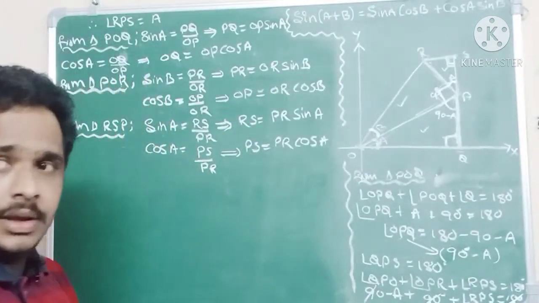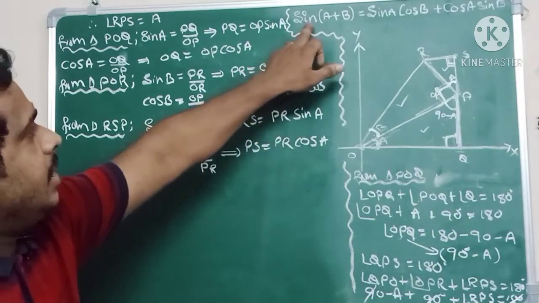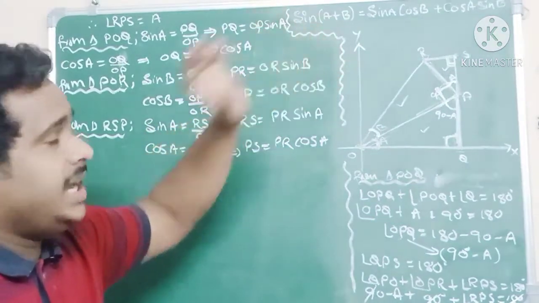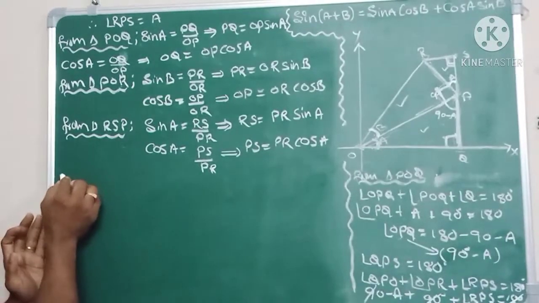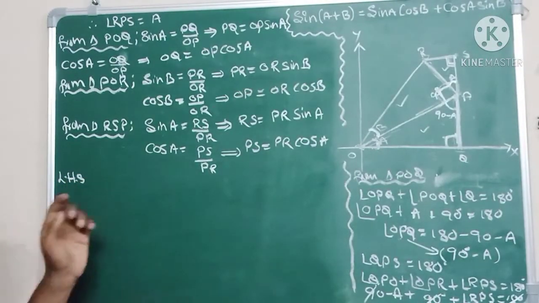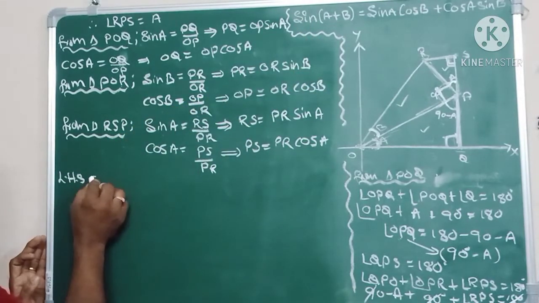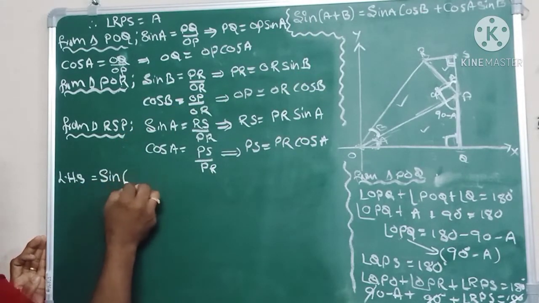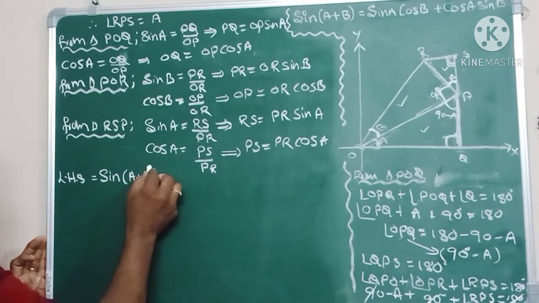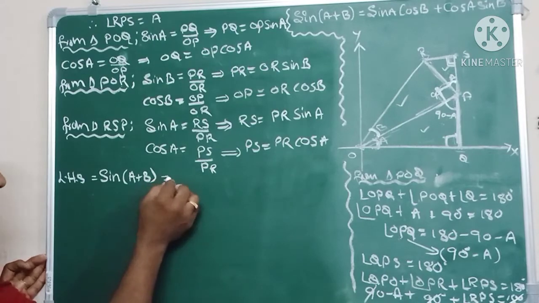Now we are ready to prove sin A plus B. Take the LHS. What is that? Sin of A plus B. Sin of A plus B means the opposite side.